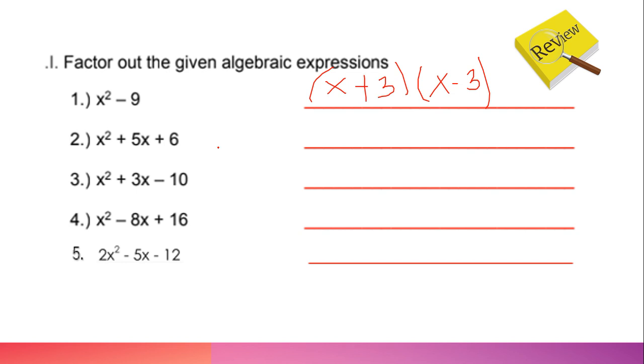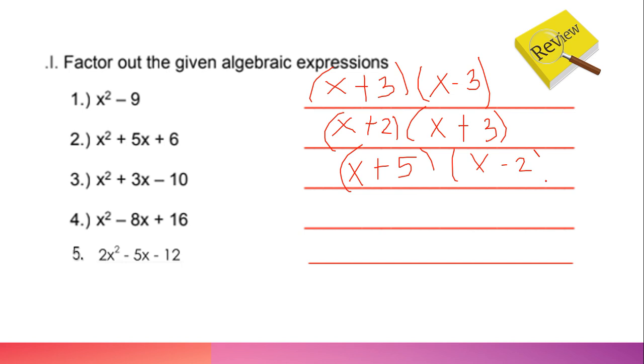Sir, x plus 2 and x plus 3. X plus 2 and x plus 3. How about number 3? X plus 5 and x minus 2. X plus 5 and x minus 2.